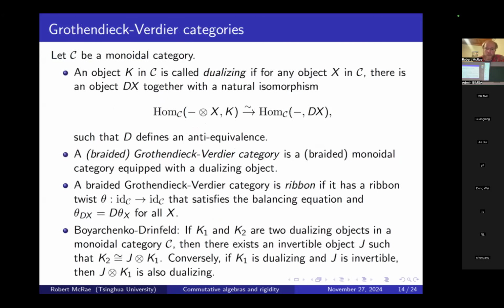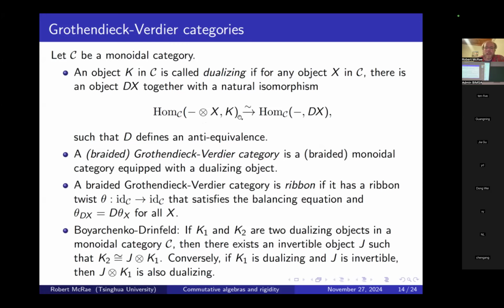So let me say, what is a Grothendieck-Verdier category? So let's just start with C being any monoidal category. So we call an object K in C dualizing if, essentially, this functor Hom_C(blank tensor X, K) is representable. That means there exists an object DX such that there's a natural isomorphism between these two Hom functors.